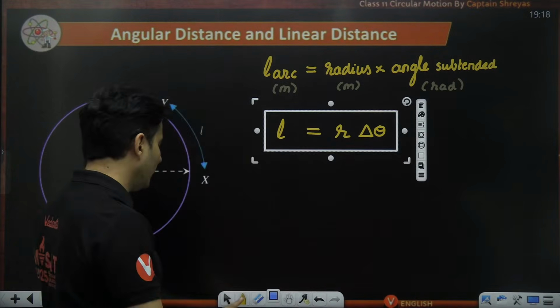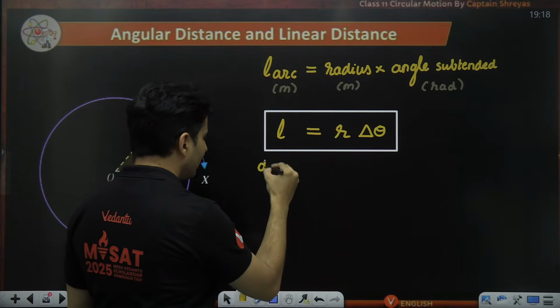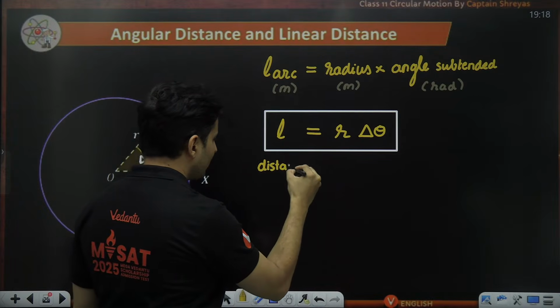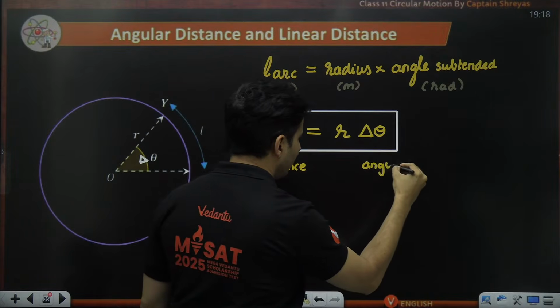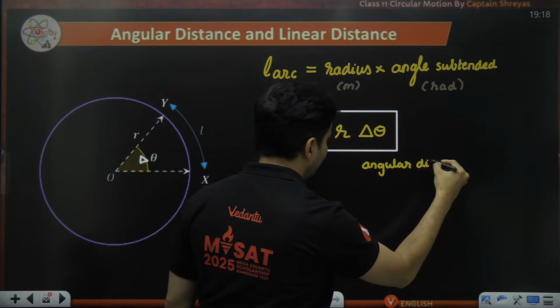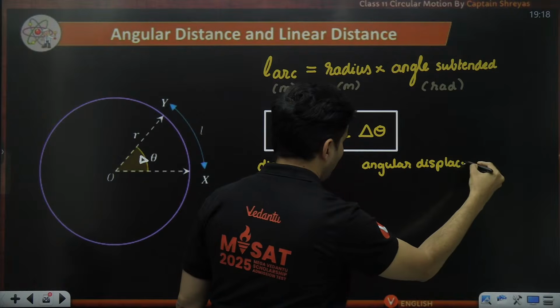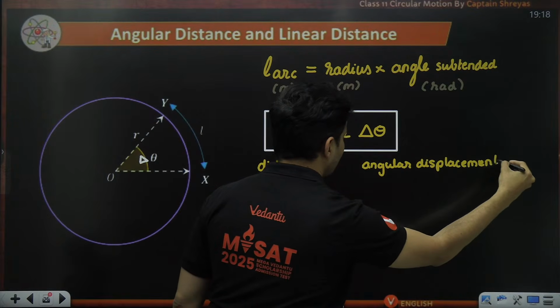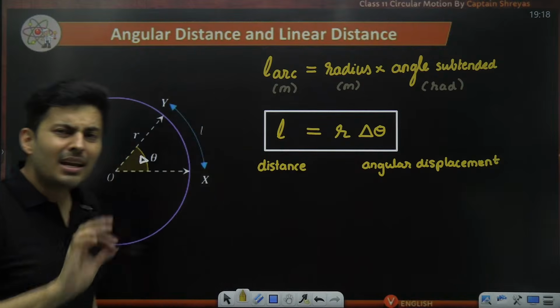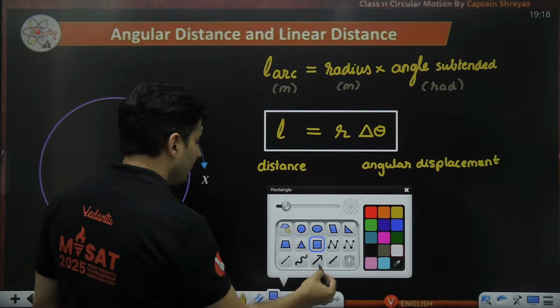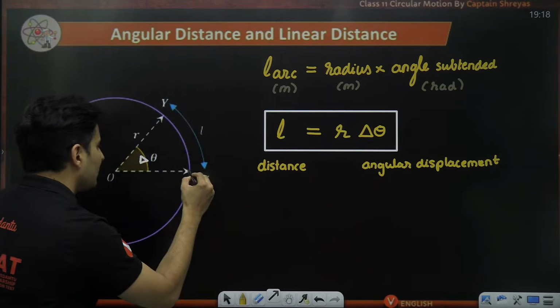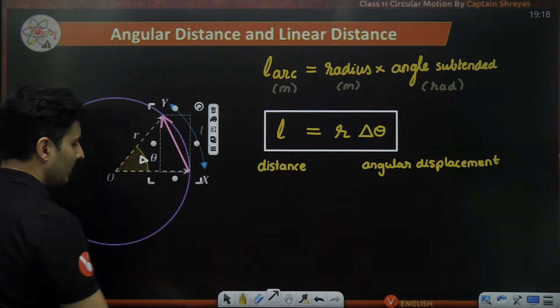The relationship between the distance traveled, not the displacement. This is distance, and this is angular displacement. We want to find just the displacement. Then please remember, just displacement will be the chord.